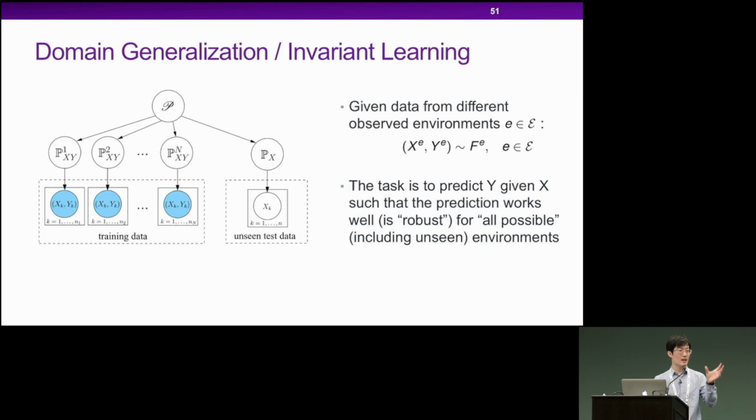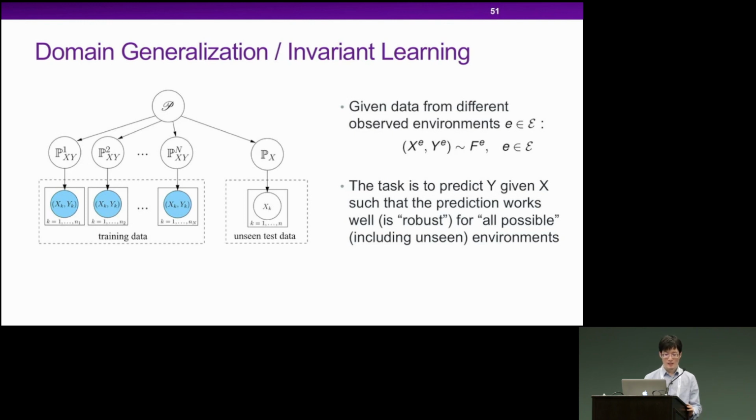That is our problem setting, and then we try to find a model that predicts y given x such that the prediction works well, or is robust, for all possible environments. All possible environments include the training environments and also some unseen test data. So that's the setting of domain generalization and invariant learning.